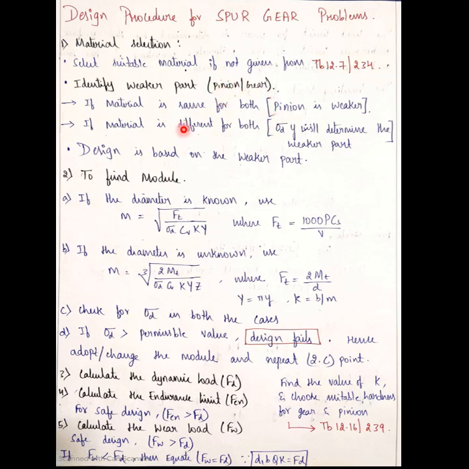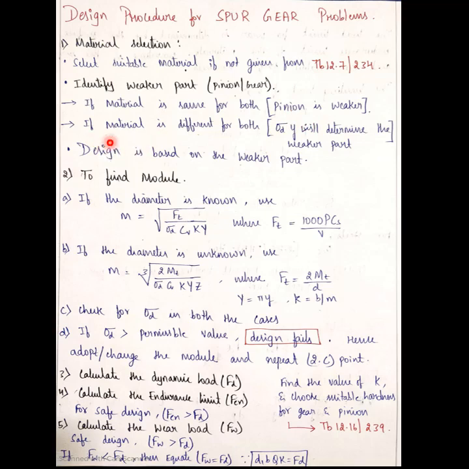If both materials are of the same kind, then we take the pinion as weaker. Why? Because the pinion will undergo more stress concentration, as it rotates at high speeds.